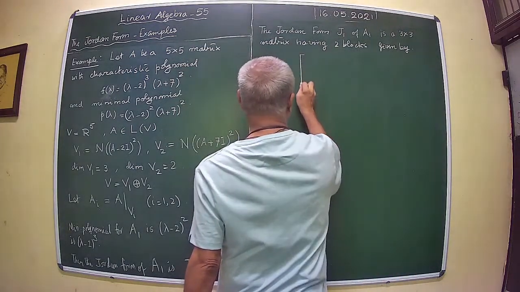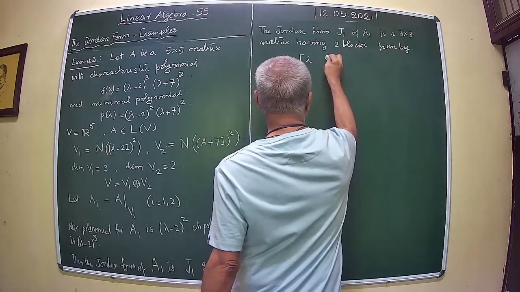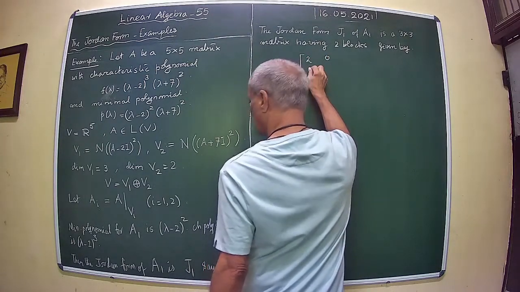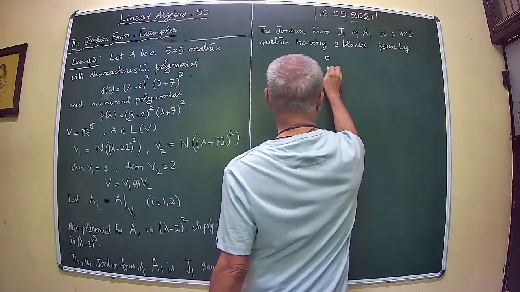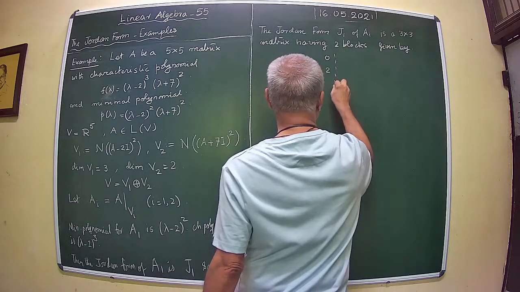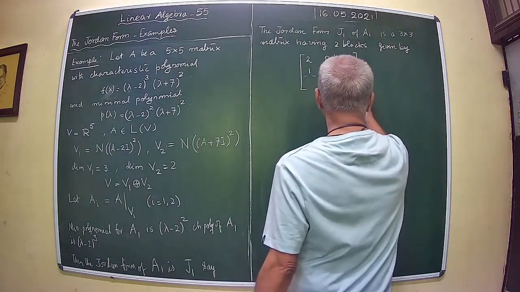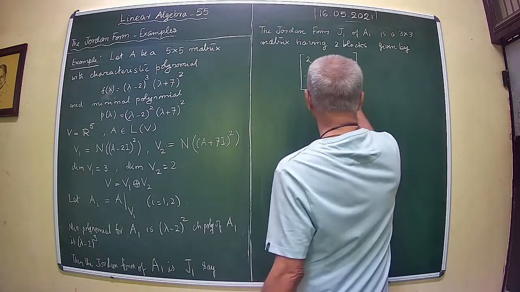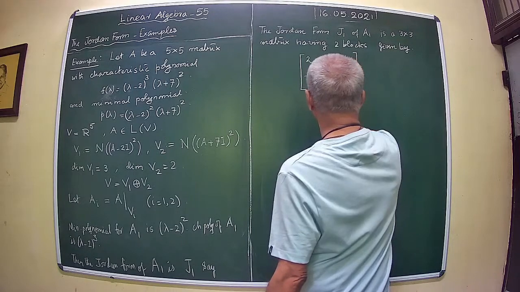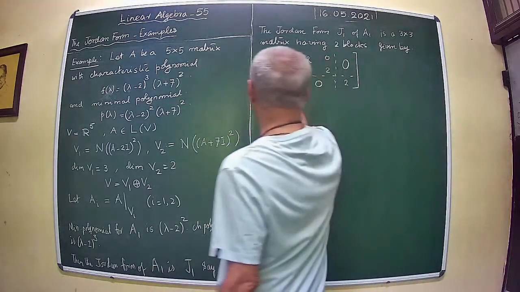This is equal to 2, 0, 1, 2, and you have 2 here. This is the J1. This is J1.